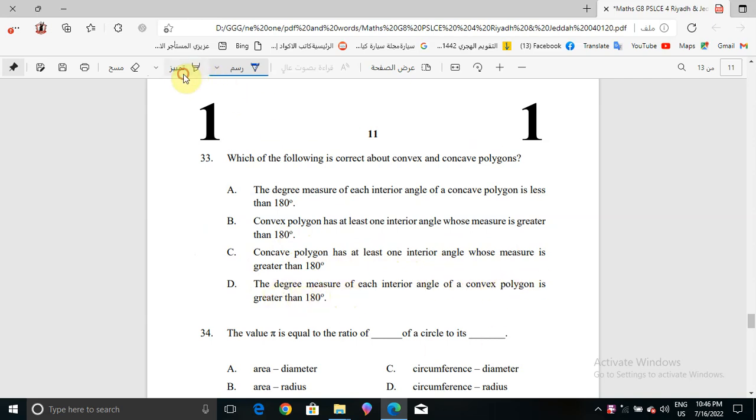The correct answer is that a concave polygon has at least one interior angle whose measure is greater than 180, and convex is less than 180. So the correct one is choice C.